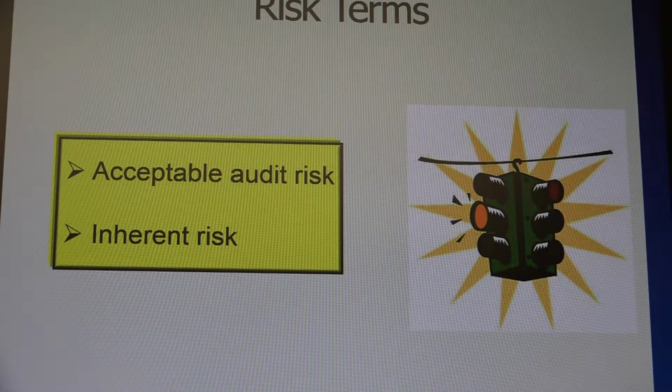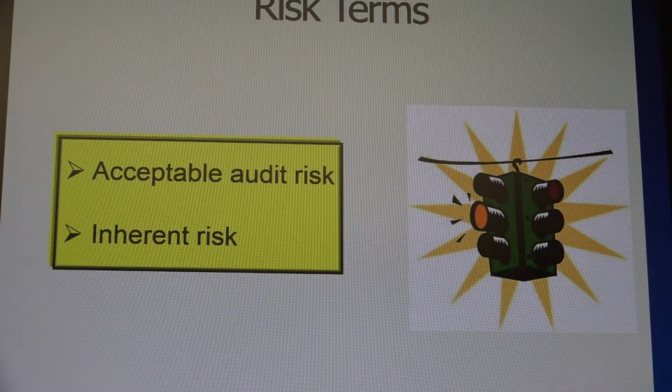Let's talk about a couple of terms here dealing with risk. The first of those is acceptable audit risk. This is a measure of how willing the auditor is to accept that the financial statements may be materially misstated after the audit is completed and an opinion, unqualified opinion, is rendered.